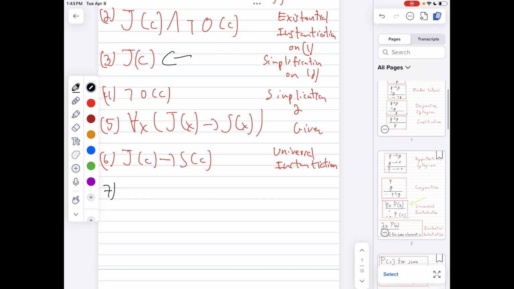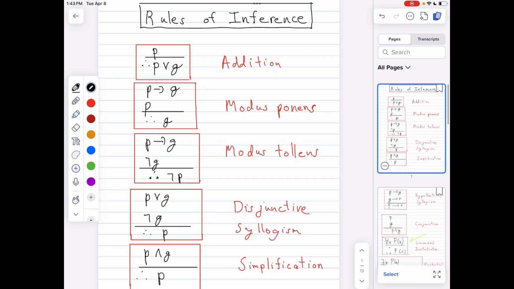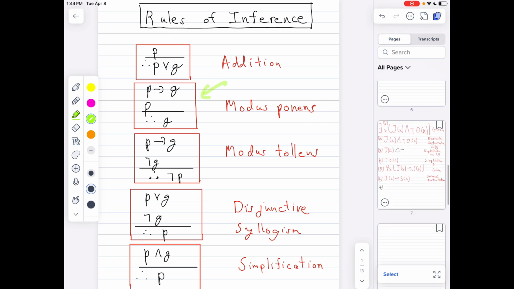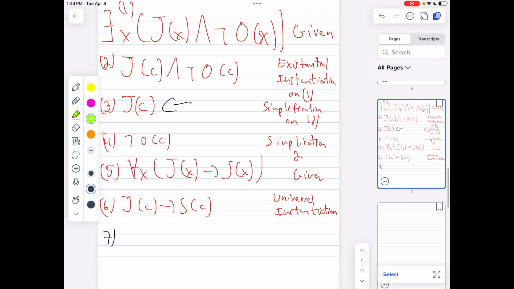again by looking at our rules, I would say that rule modus ponens is involved. So if P implies Q is true and P is true, then it implies Q is true. So we have an if-then that's true. We have the premise is true, and therefore we can conclude that the conclusion is true here.